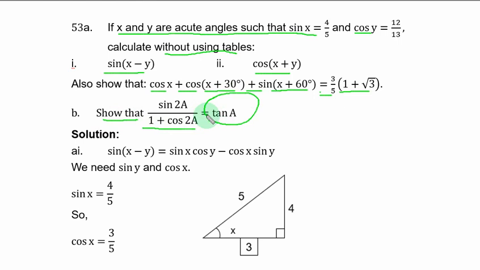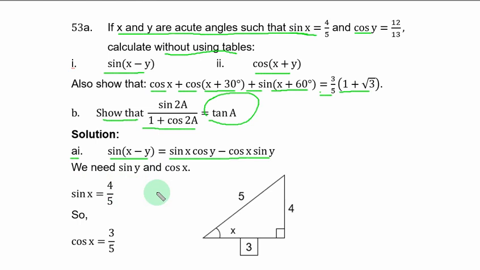Solution. Let's take A, Roman figure 1. Sine(s minus y) is equal to this from compound angle. From sine s equal to 4 over 5, you need to get cos s. We need sine y and cos s, so we start with cos s using the information about sine s.